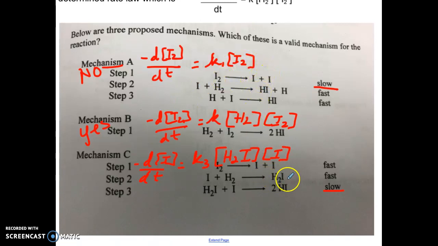So as it builds up, it's also going to go into a reverse reaction. This is going to happen until you get to an equilibrium state where the rate of formation of H2I equals the rate of consumption, because it's an intermediate and cannot be in the overall reaction. And that can affect the rate.